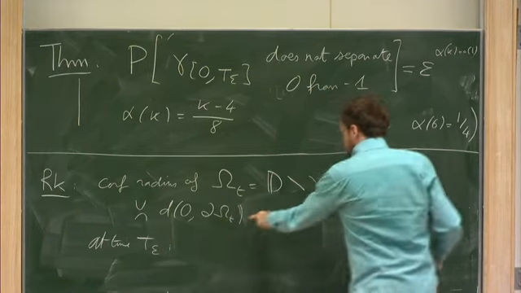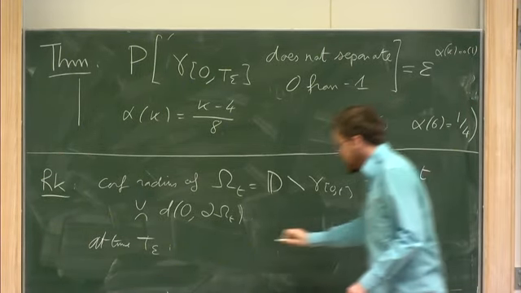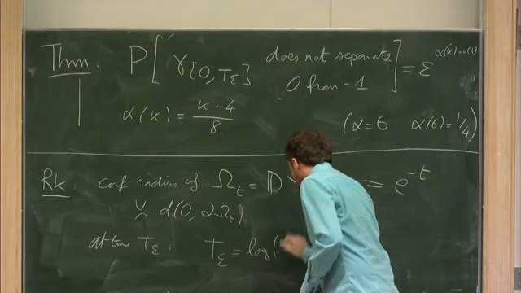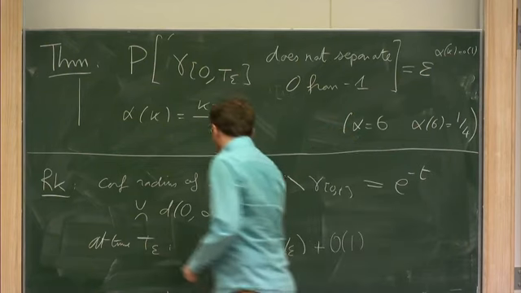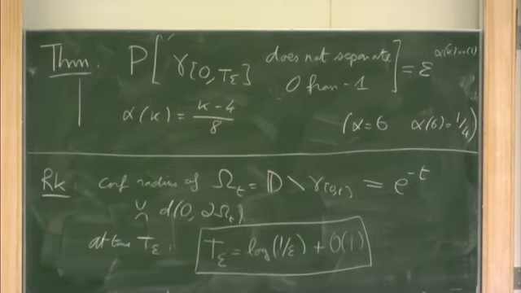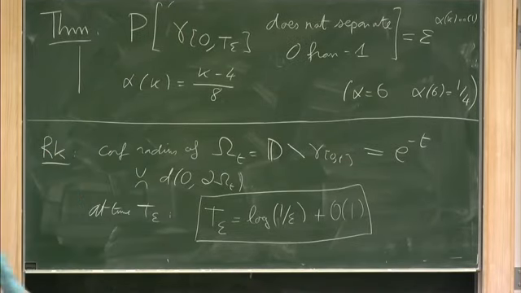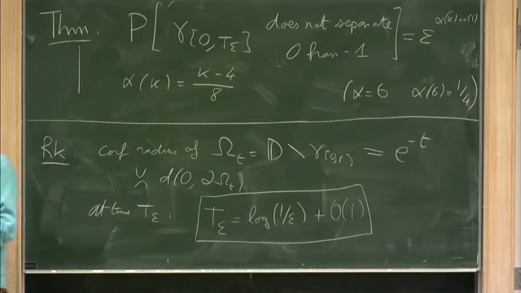So the distance here is epsilon, and this is e to the minus t sub epsilon. So what you get is that t sub epsilon is actually log of 1 over epsilon plus big O of 1. And this big O of 1 is really bounded by universal constants, which don't depend on anything, like log of 4 and log of 1 over 4, something like that. So this looks like a statement at a stopping time, but really you can see it as a statement at a deterministic time, which is log of 1 over epsilon. And that will be very useful.